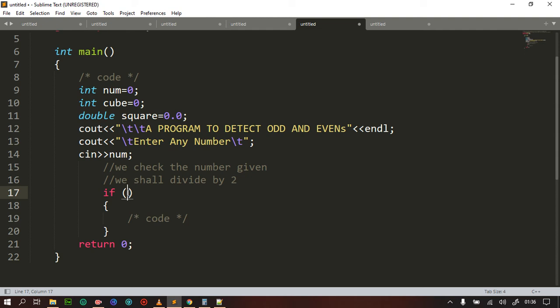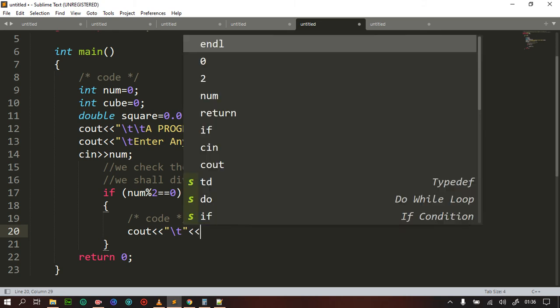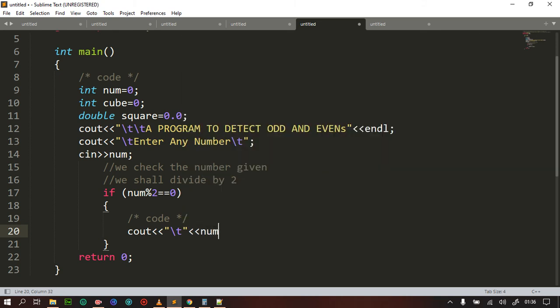We said it focuses on the remainder. So here we shall say num modulus 2 if it is equivalent to 0, meaning if I divide by 2 and the remainder is 0, then what am I going to say? I'm going to say num is even. I think it makes sense.